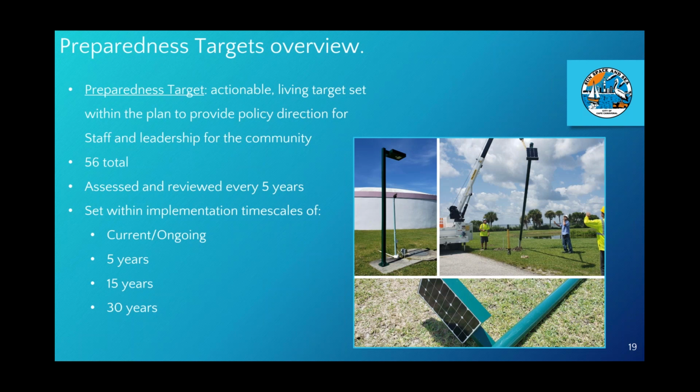So, what is a preparedness target? It is an actionable living target set within the plan to provide policy direction for staff and leadership for the community. They are categorized within 4 different implementation periods, which are current and ongoing, 5 years, 15 years, and 30 years.